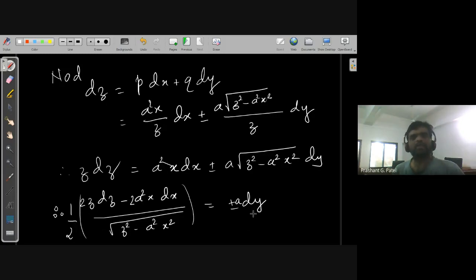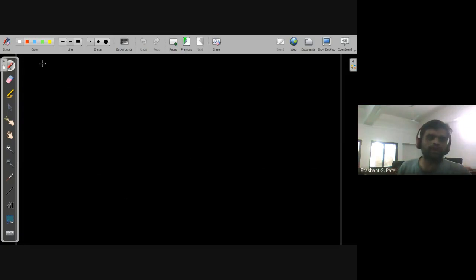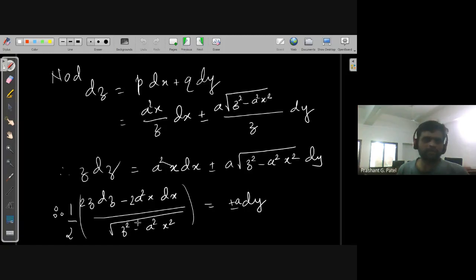And taking the integration both sides. So on integrating, we obtain, the denominator's derivative is in the numerator.